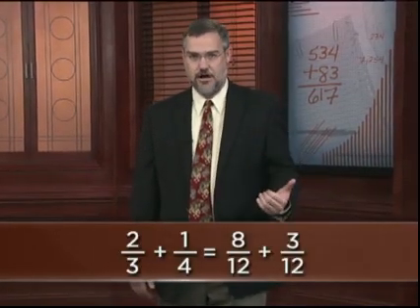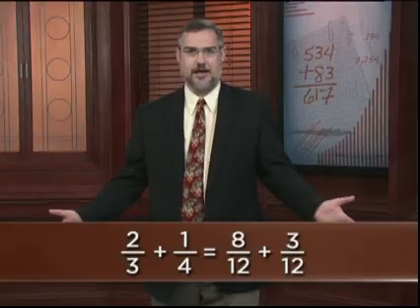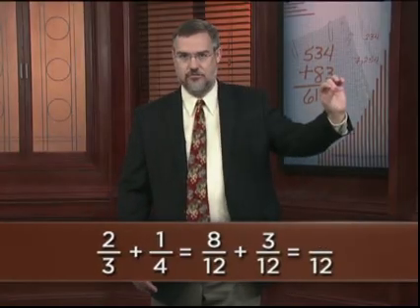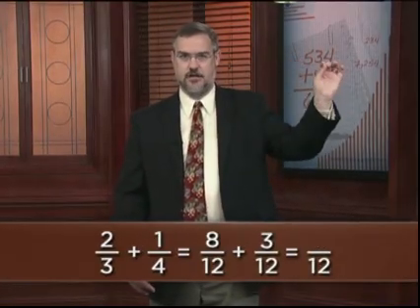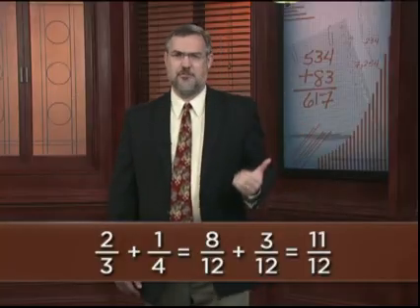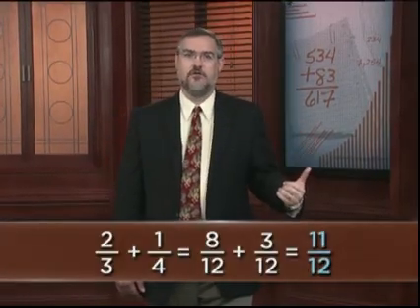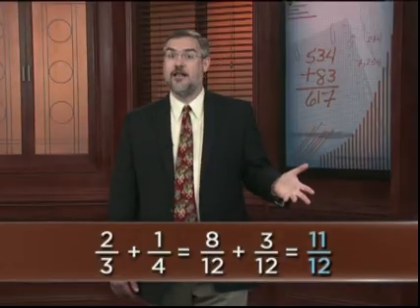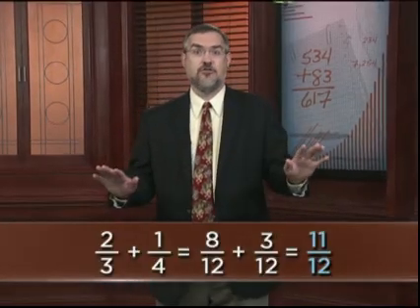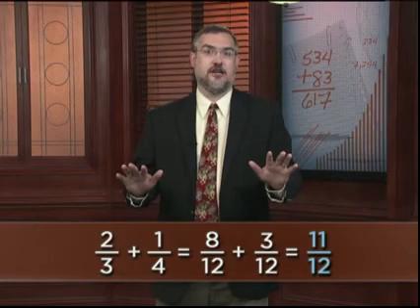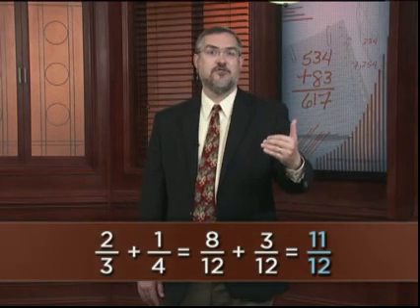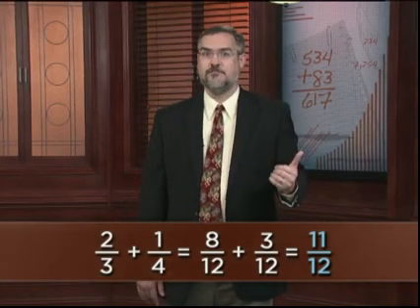They both have a 12 in their denominators. I know how to handle that. I now just add the numerators. 8 plus 3 is 11. And so my final answer is 11 on top over 12 on the bottom. And guess what? That's really the answer. It can't be reduced any further. We're done in this case. The original problem's answer is 11 over 12.